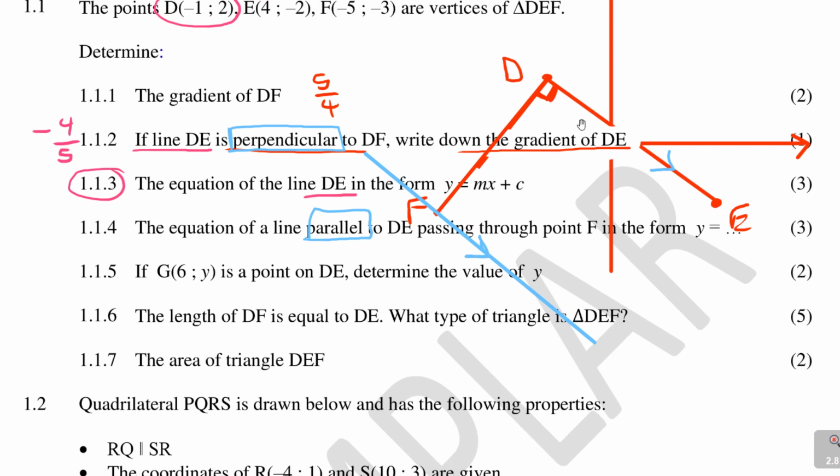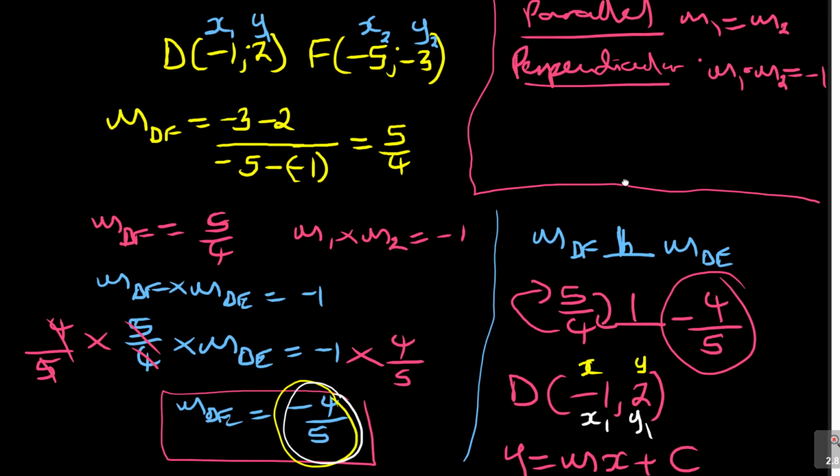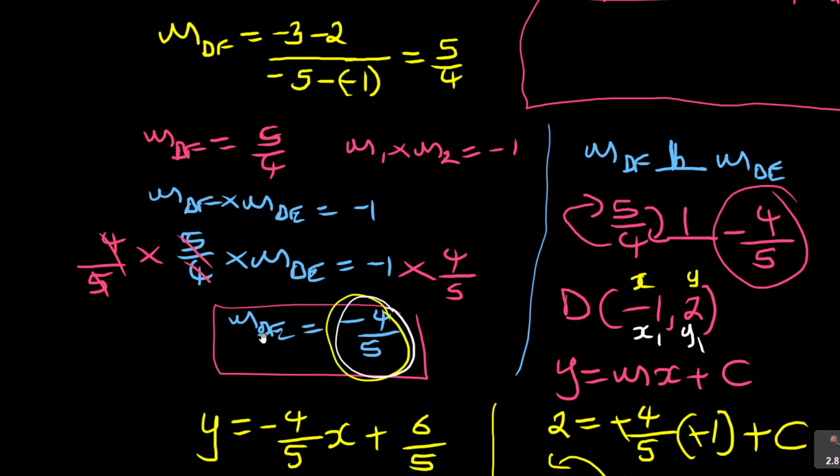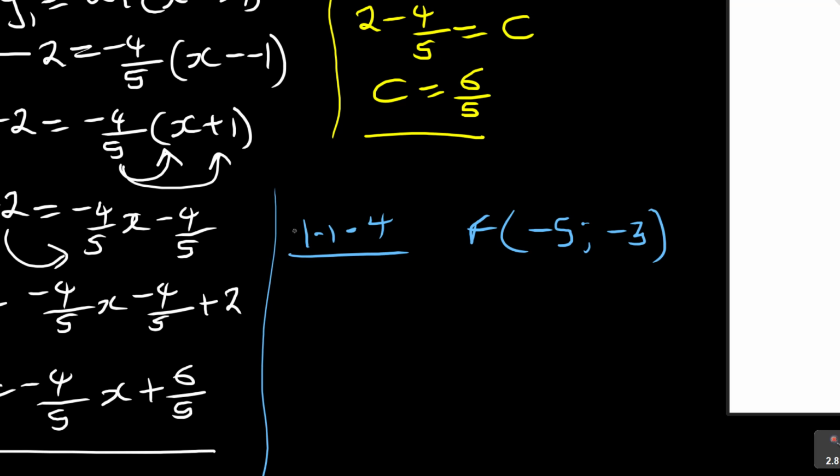Look at this. Parallel to what? To DE. But we know the gradient of DE. Come back here and say, what is the gradient of DE? M of DE was what? Minus 4 over 5. So you continue with that to say, okay, I know the M of DE is equal to minus 4 over 5.